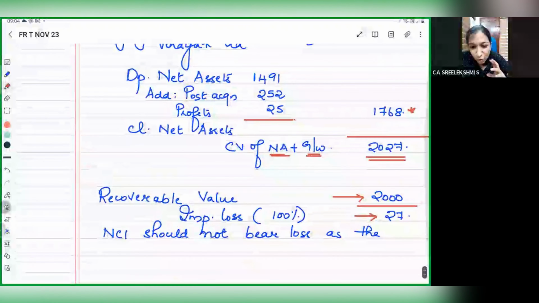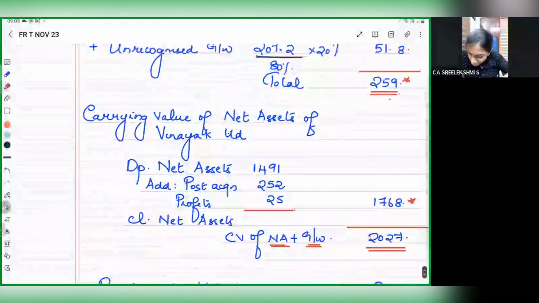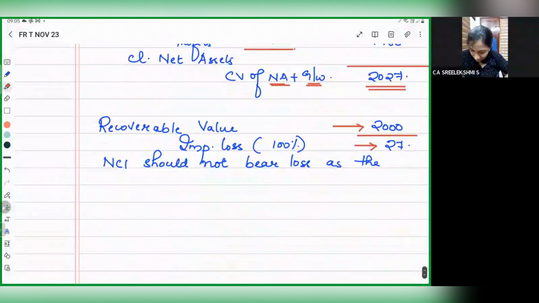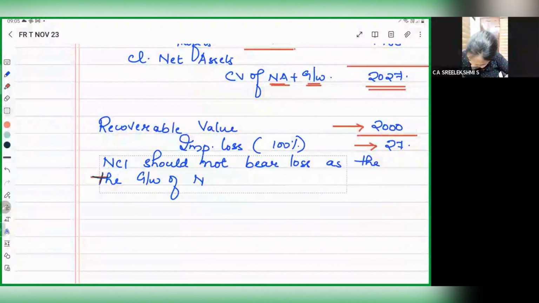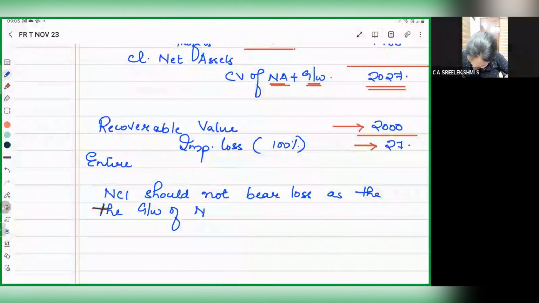The 27 has to be adjusted. Impairment loss will be first adjusted against goodwill of 259. The entire loss is related to goodwill.